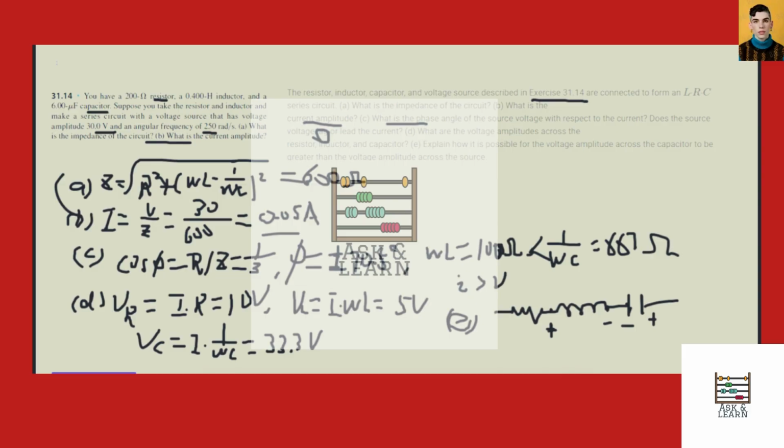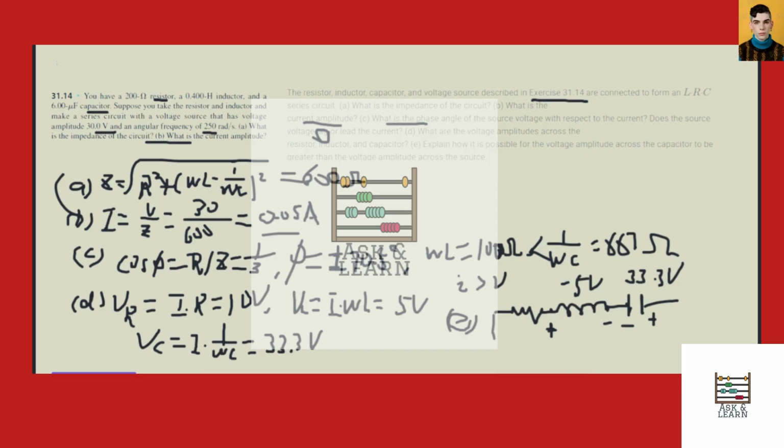So even though the potential difference across the capacitor is, for example, 33.3 volts, the potential difference across the inductor could be like negative 5 volts. And there is also a potential difference across the resistor.